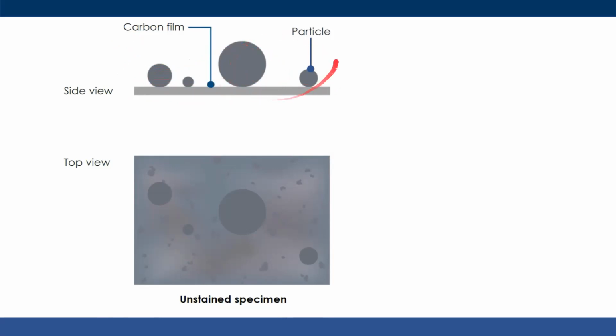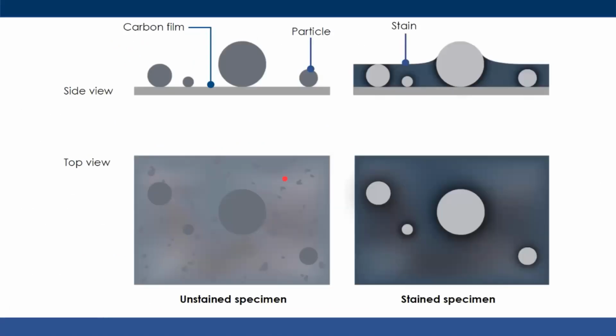And here we can see particles. In the top view, we can see particles in the background, very blurry and shady. So we cannot tell exactly the difference between the biological particles we want to see and the background, the noise or artifacts.